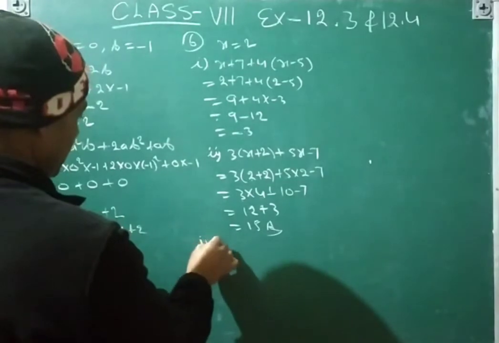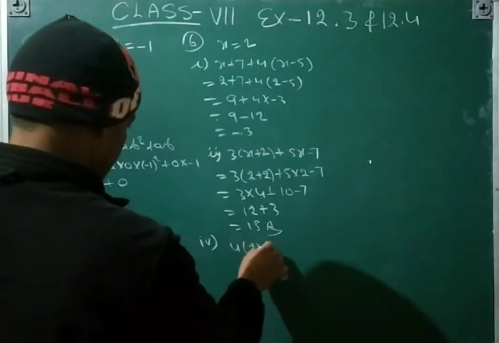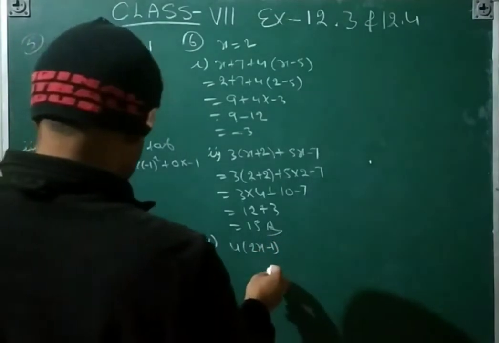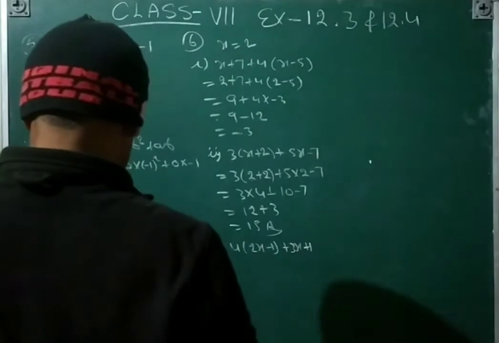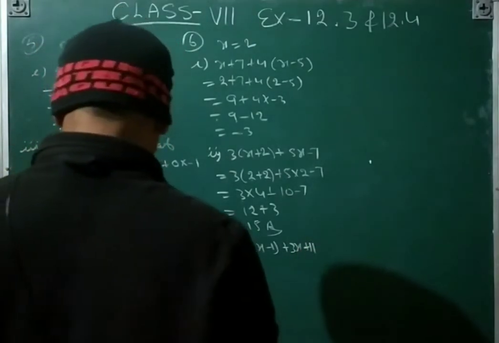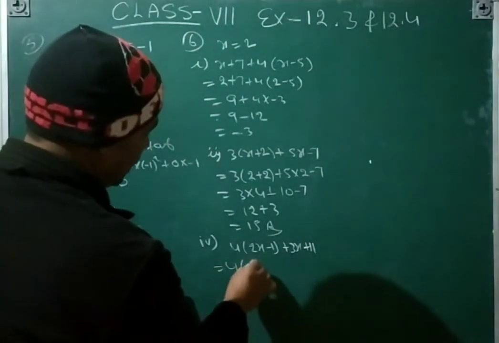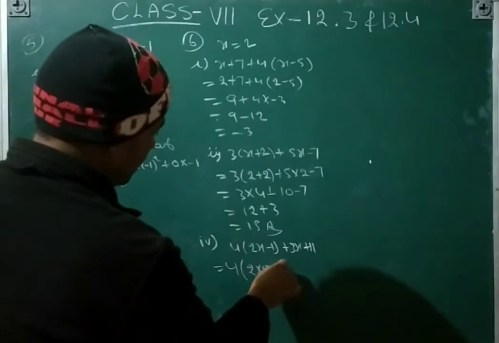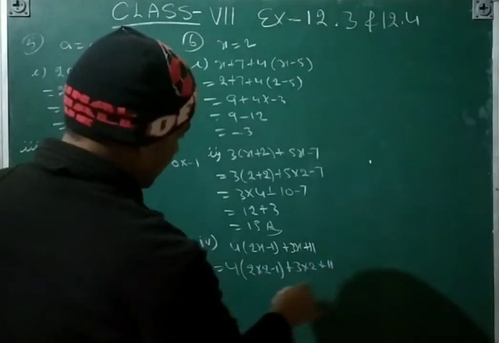See the fourth part: 4 bracket 2x minus 1, and then plus 3x plus 11. So 4 bracket 2 into 2 minus 1, plus 3 into 2 plus 11.